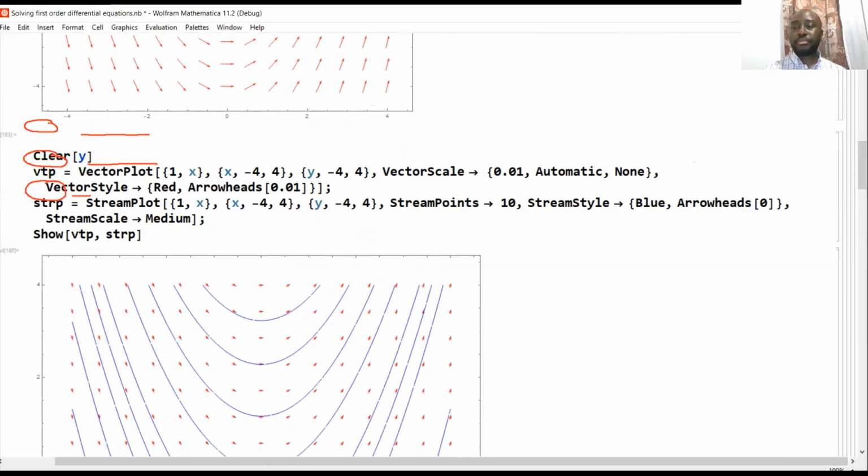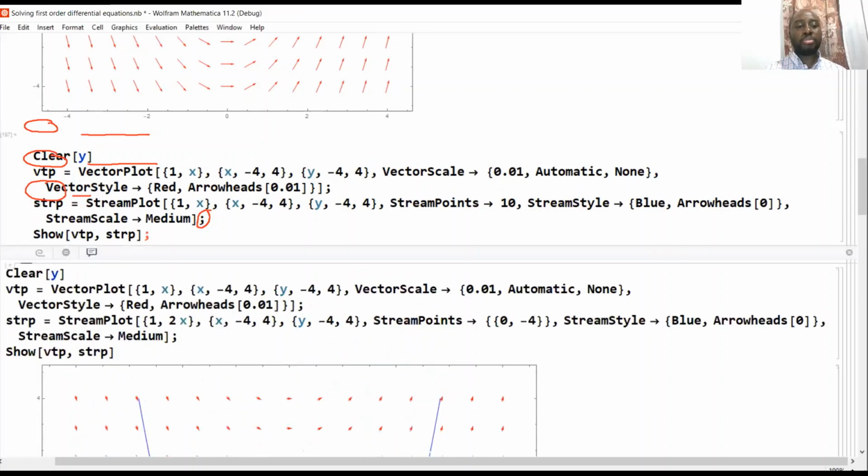Now notice that I played around with the semicolons at the end of my function definitions a bit. These semicolons are called suppressors, and essentially you can use them if you don't want to see the output from a function. So if I put a semicolon after the Show function, it no longer shows me the graph.